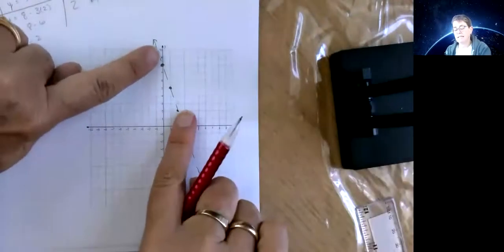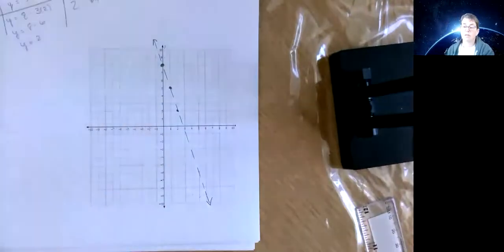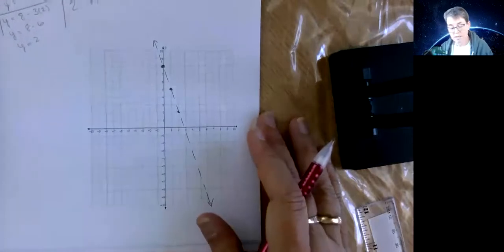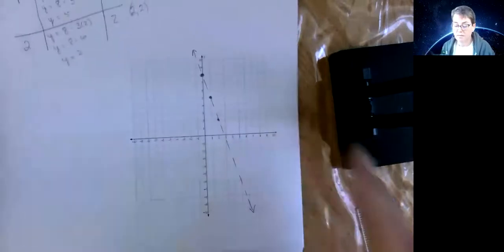Notice, all the way through. Don't be lazy. Don't just draw a teeny tiny line connecting those two. You want to go all the way across your graph. It's just easier when you go to find your checkpoints, which is, oddly enough, our next question.